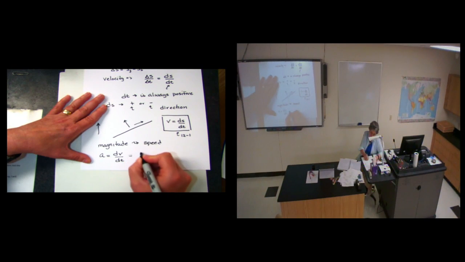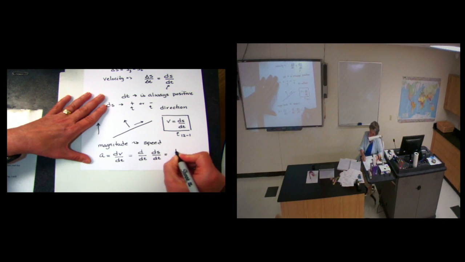And now I can have a ds is equal to v dv, and this becomes 12-3. That's the equation that's given in 12-3.